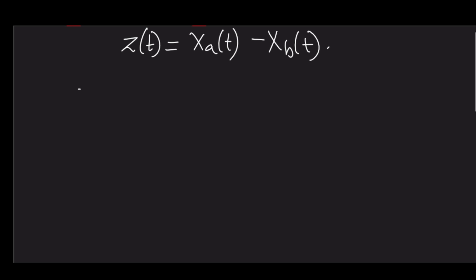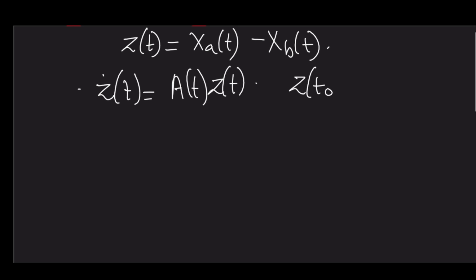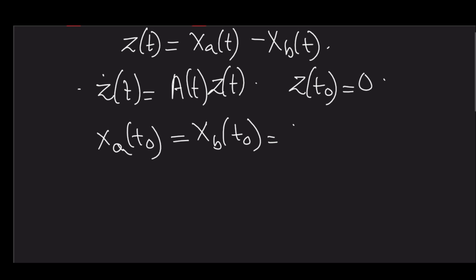Now obviously Z dot t will satisfy what? It has to be 0, so this implies this has to be 0.